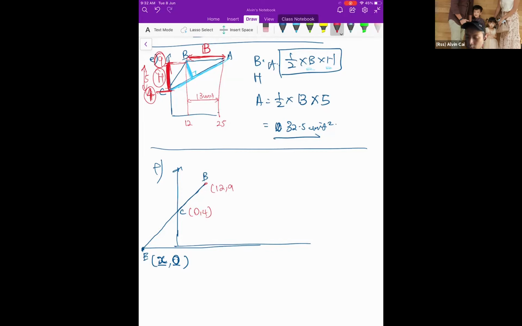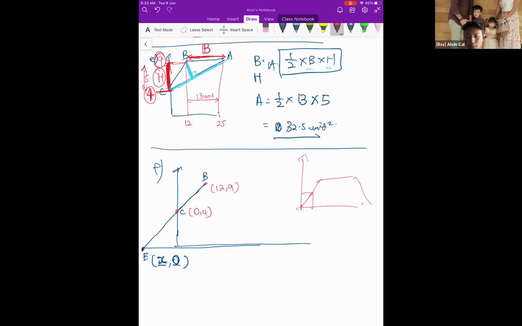Since they are on the straight line, the concept we are going to use to solve this part is the gradient. Something that we have learned before in the speed-time graph, if you recall. In the speed-time graph, sometimes we use the gradient, we use the coordinates. Remember, always write down the coordinates you have, and then we use the common gradient.